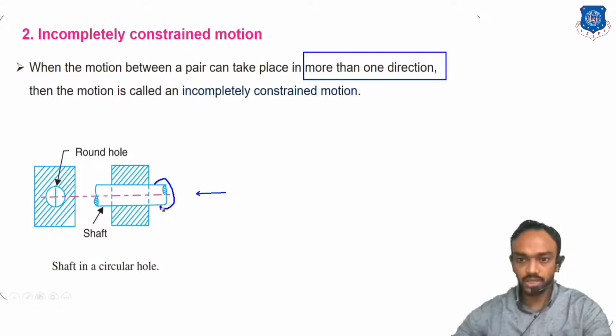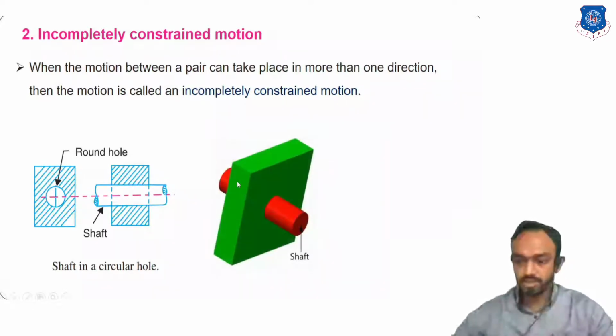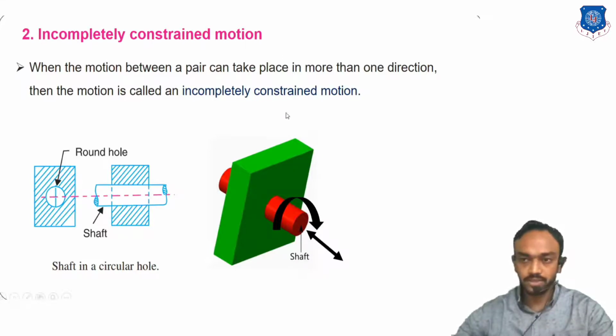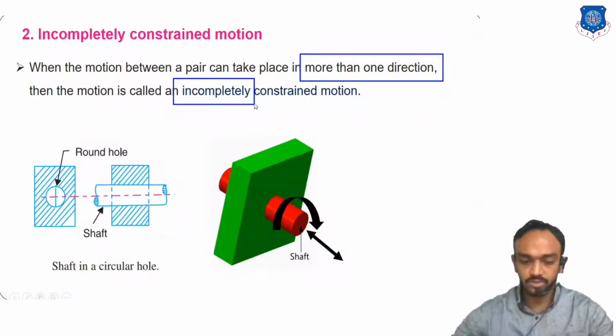There is a possibility of both, because it is not constrained properly. The shaft can reciprocate and also rotate, so there are two possible motions, motion in more than one direction, and it is known as incompletely constrained motion.